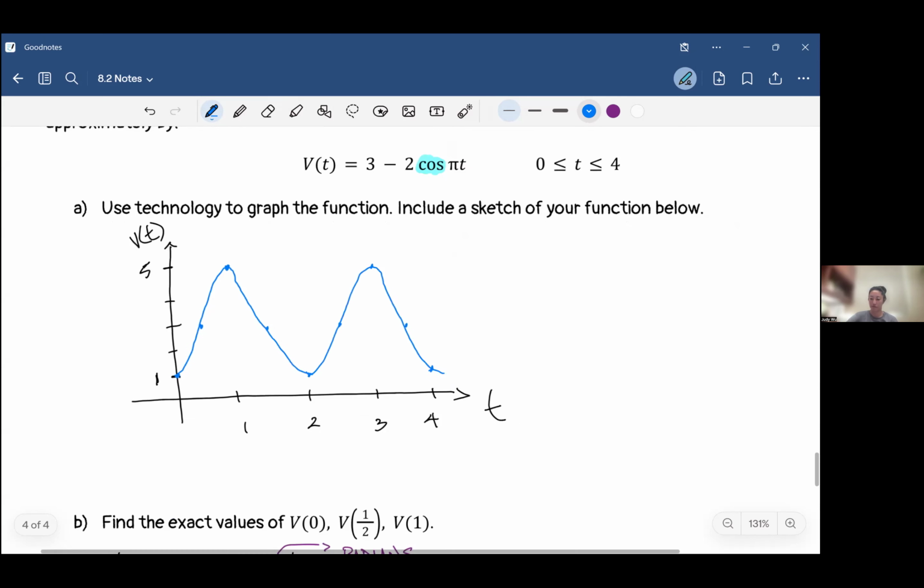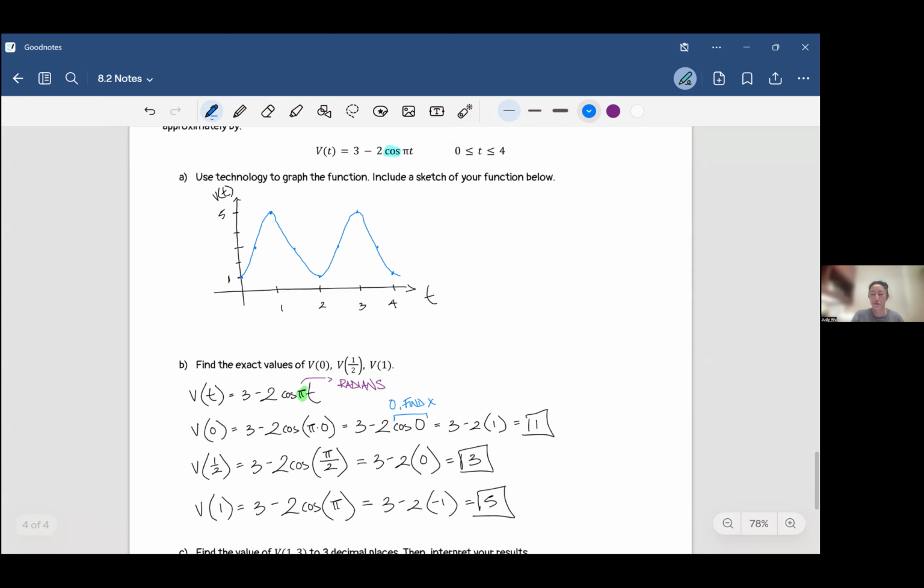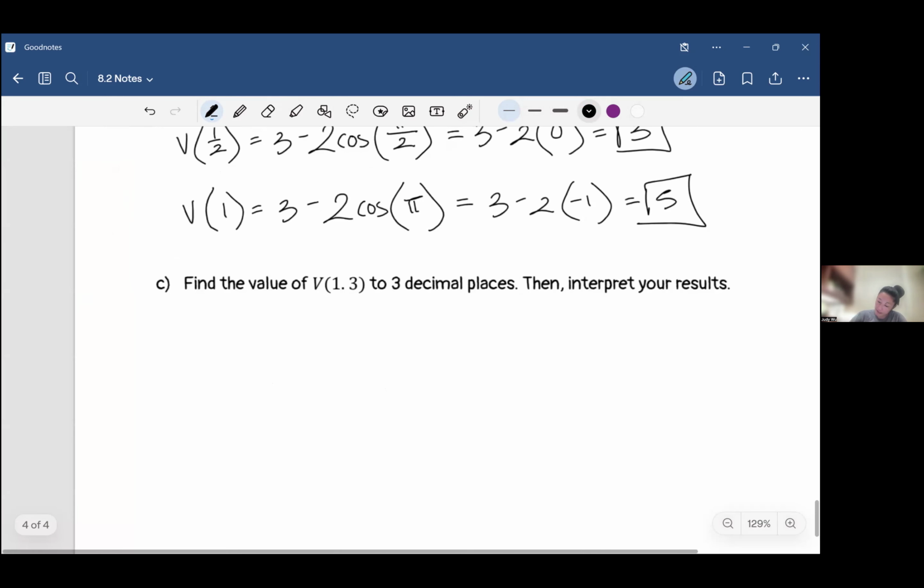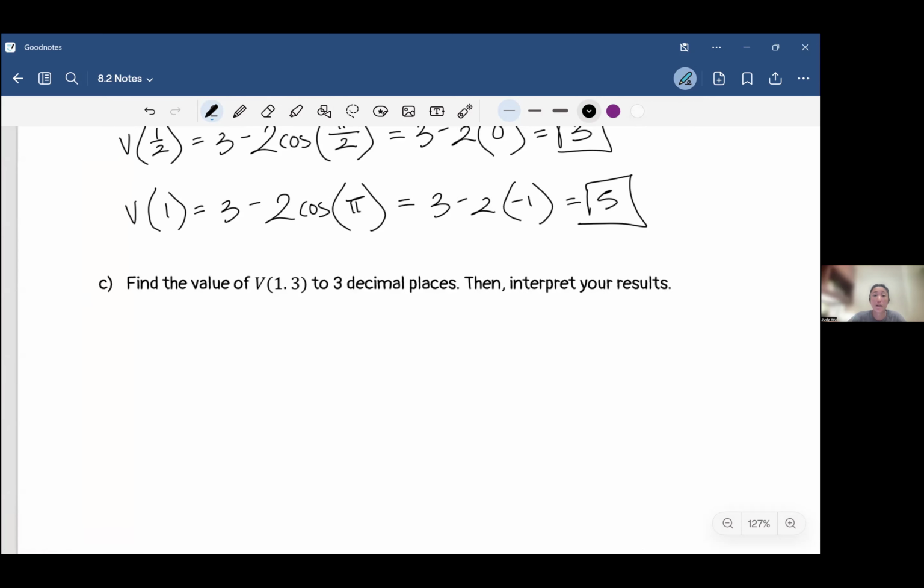Okay, so hopefully now this matches with what you had. So if you're worried as I was going along why yours looks different, make sure you're in radians, but then you should have two waves happening in this moment in time. Okay. All right, last but not least, it says find the value v of 1.3 to 3 decimal places.